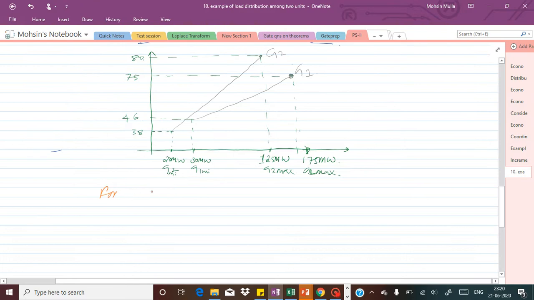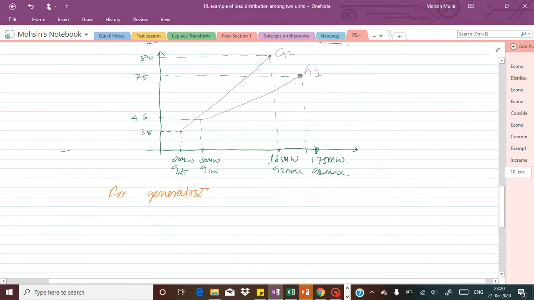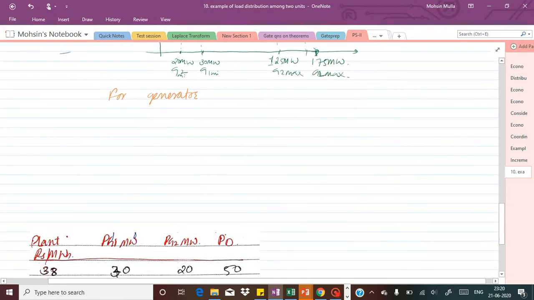For generator 2, 75 rupees for max capacity. Therefore lambda equals 75.